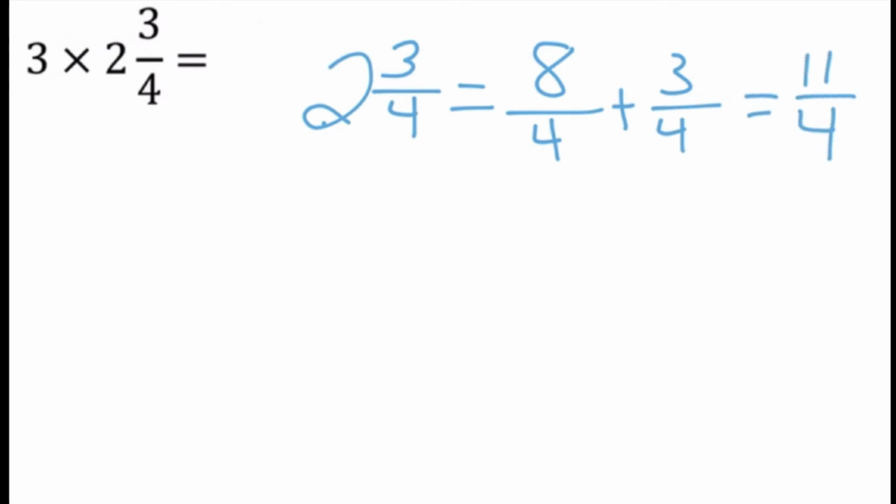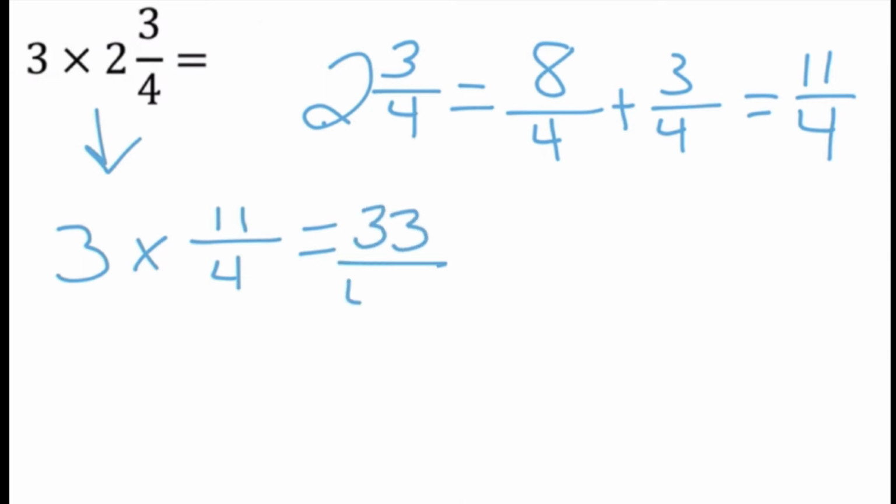So I can change the original problem to 3 times 11/4, and that's going to give me 33/4. If I want to change that back into a mixed number, I think how many wholes can I make out of 33/4? So 33 divided by 4 is 8 with 1 left over, so 8 and 1/4.